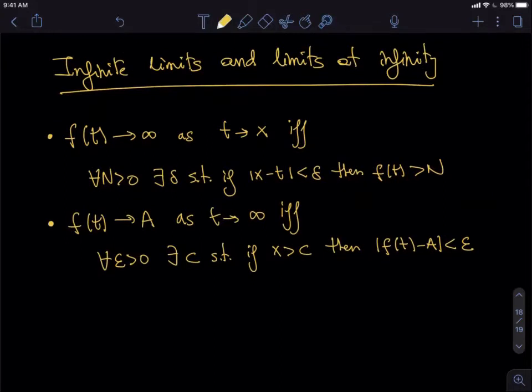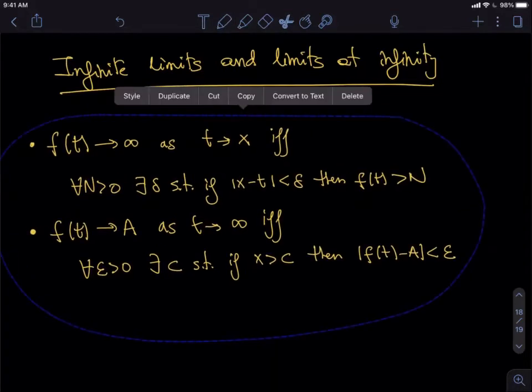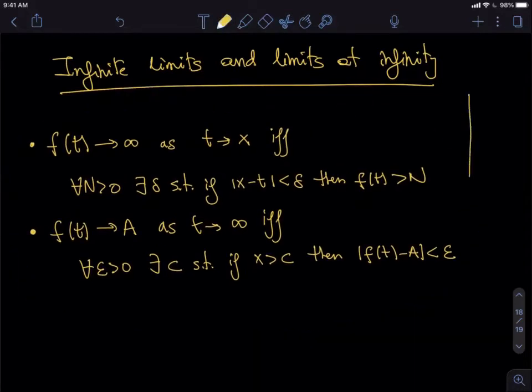Remember, this is the type of situation. Let's do a picture here. This is a situation where we have a vertical asymptote at x, something like this.